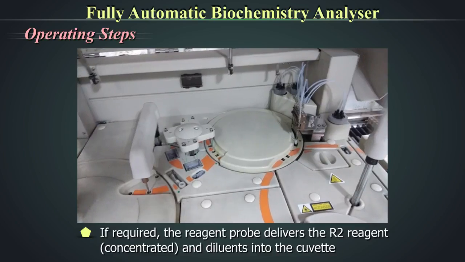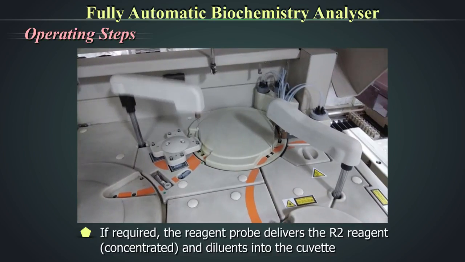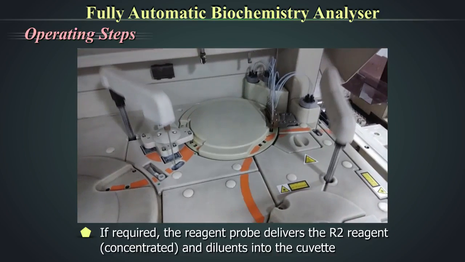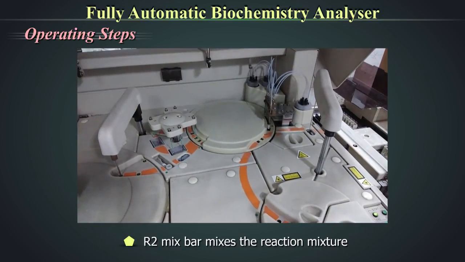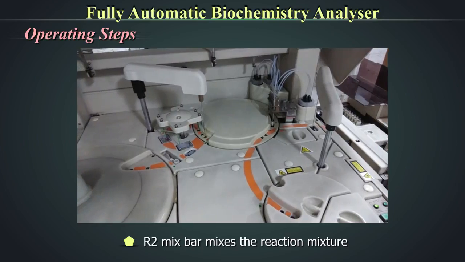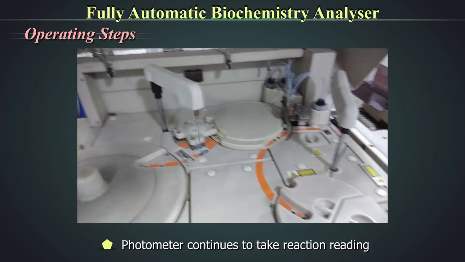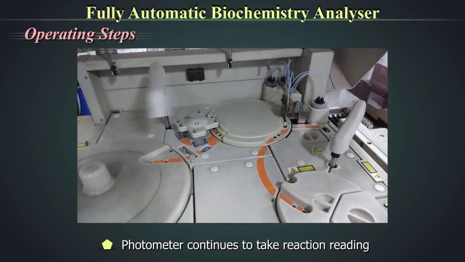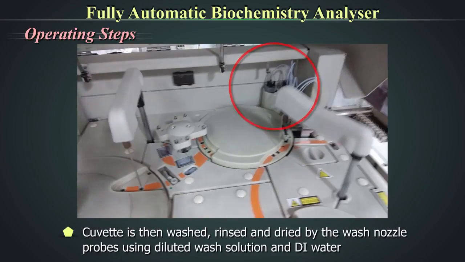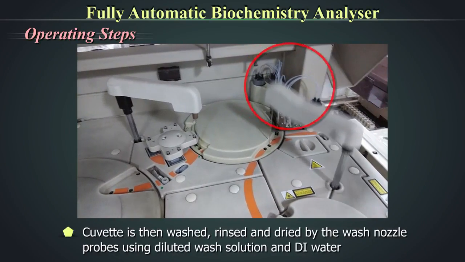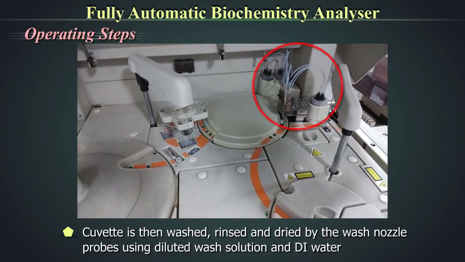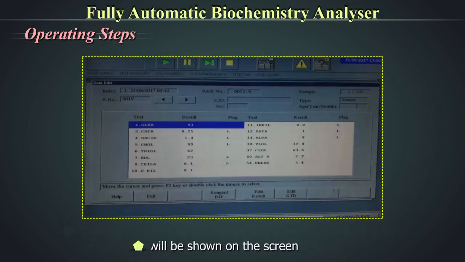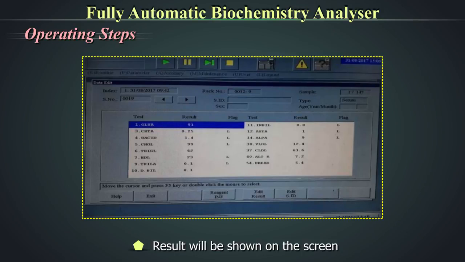If required, the reagent probe with reagent syringe delivers the R2 reagent and the diluents into the cuvette. R2 mix bar mixes the reaction mixture. The photometer continues to take reaction readings. The cuvette is then washed, rinsed, and dried by the wash nozzle probes using diluted wash solution and deionized water. The result will be shown on the screen.